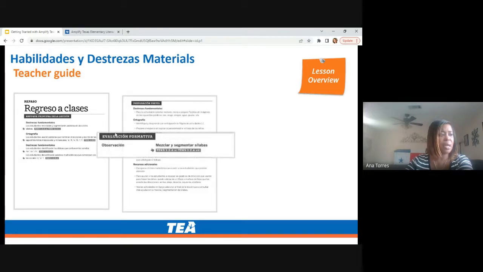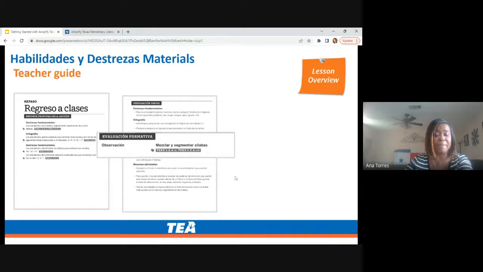And look, evaluación formativa. So then we're looking at formative assessments. That's also embedded here. So this is used to track whether students are mastering the primary focus objectives. So over the course of the entire unit, the primary focus objectives are formatively assessed on multiple occasions so that teachers have a clear sense of individual student progress before the end of the unit.